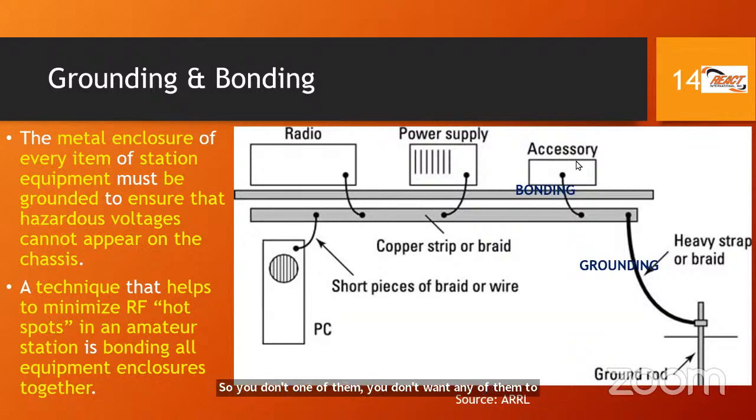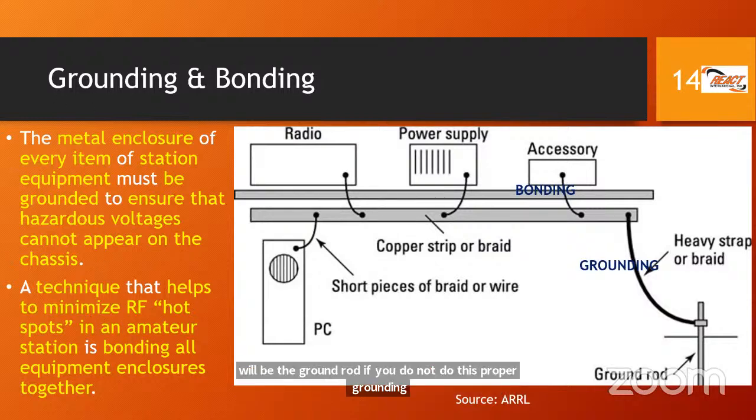You want to bond all of them together to bring them all to the same potential, and when they're bonded, it's also grounded, so that safely shunts anything that may occur to ground. That way you don't become the conductor or conduit for that stray RF or stray voltage to be conducted to earth, because you will be the ground rod if you do not do this proper grounding and bonding. All right, so these are all exam questions, very similar and all related.